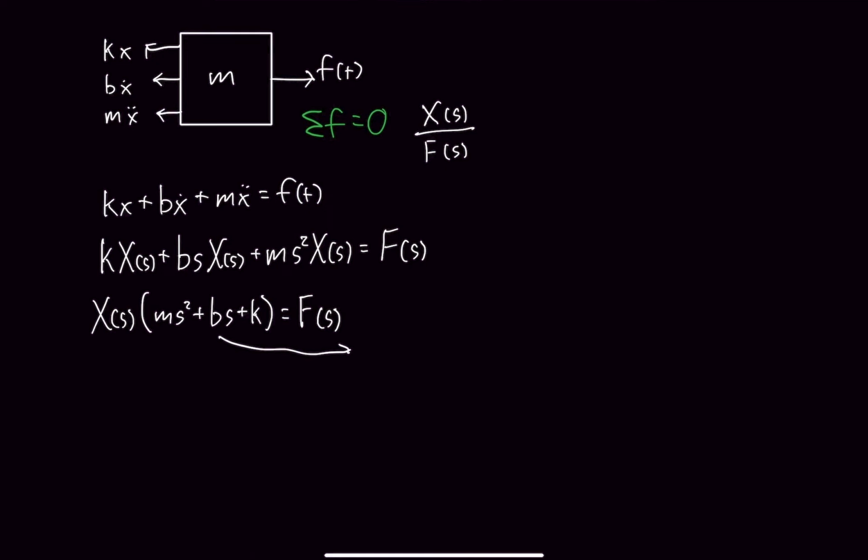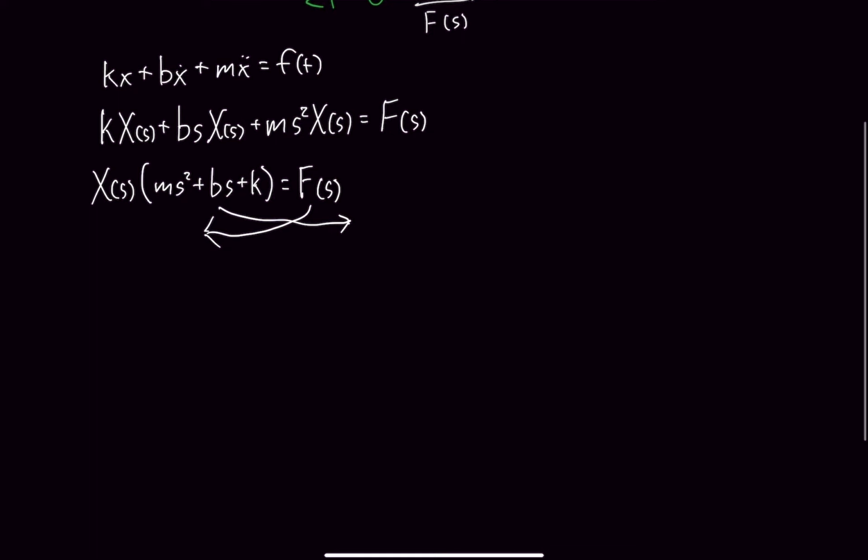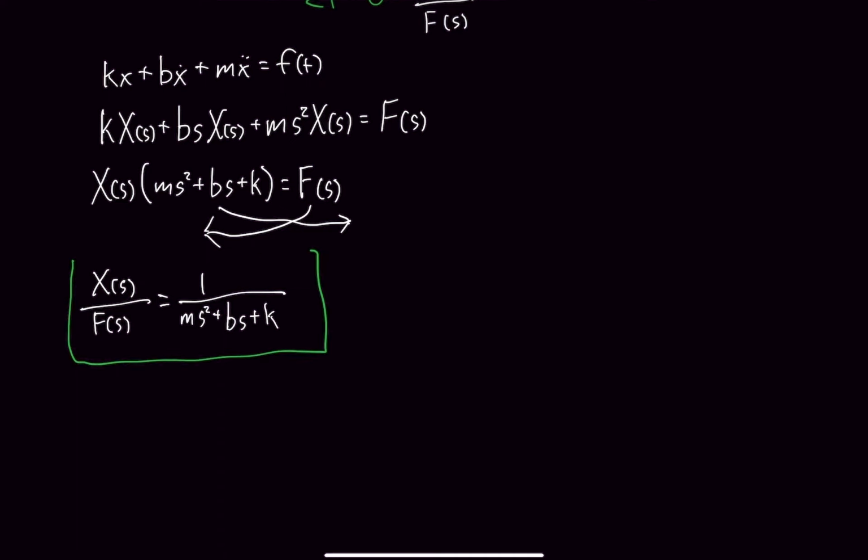Divide this over here and divide that over there, and we're left with x of s over F of s equals 1 over Ms squared plus Bs plus K. This is our transfer function to our mechanical system.